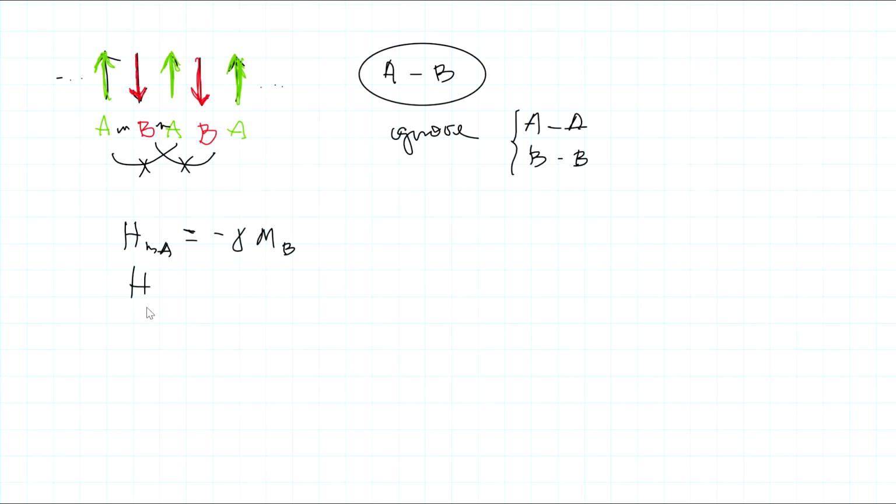And similarly, HMB can be written as negative gamma MA. So negative sign. The molecular field is opposite to the magnetization of the other sublattice. So that's why we have the negative sign here. Okay, so with this, we can now look at different cases of molecular field.